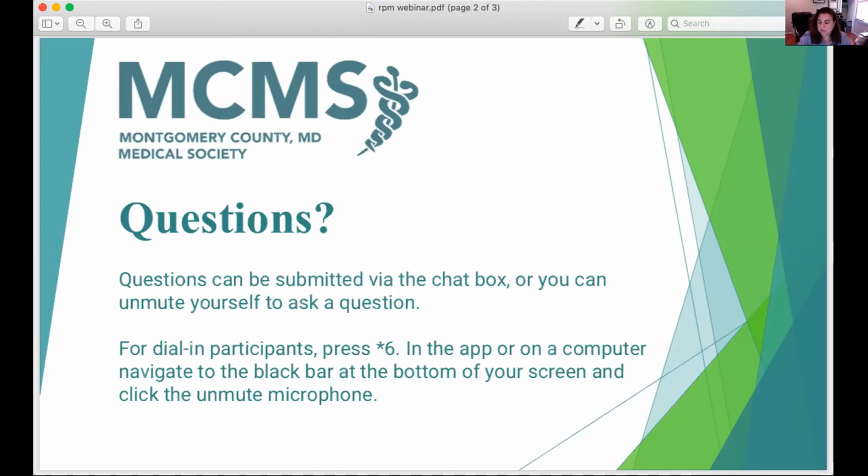So if you think of RPM as part of the family of non-face-to-face codes, if a physician engages in chronic care management or any sort of telephonic management of the patient, either through themselves or through the third-party vendor or whatever, if the physician is directly talking to the patient and accruing minutes, they can ascribe those minutes either to RPM, if it's something that came up as a result of the RPM, or they can then use that same set of minutes and put them to CCM.